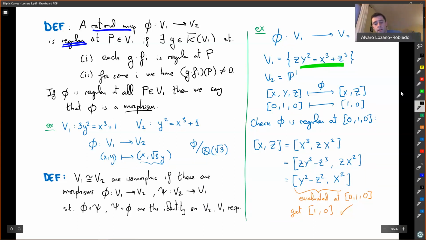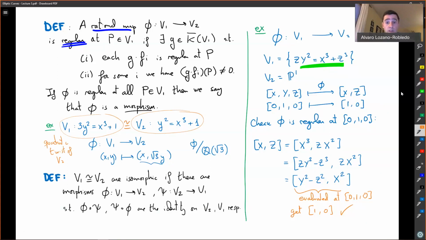Okay, and indeed, this example shows that these two varieties are isomorphic, and that is a very important example of an isomorphism. If this is an elliptic curve, then this is what we call a quadratic twist of V2, and vice versa, V2 is a quadratic twist of V1.